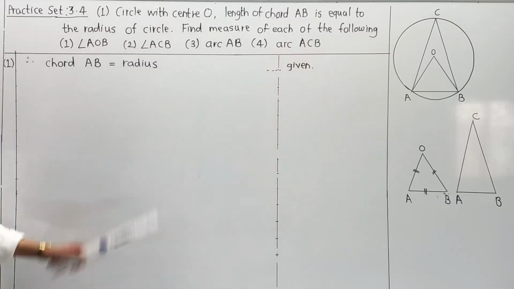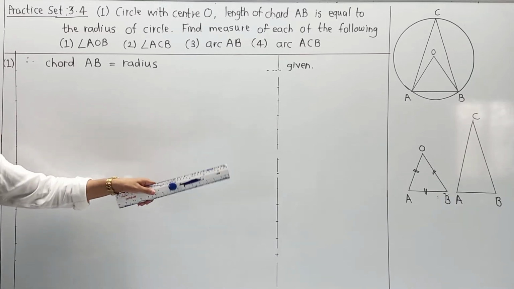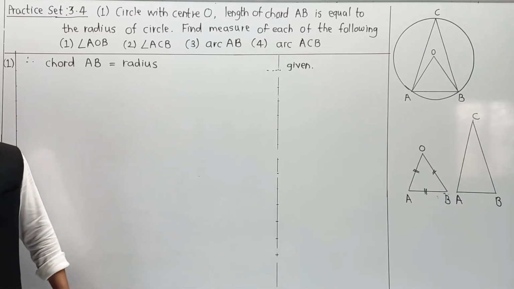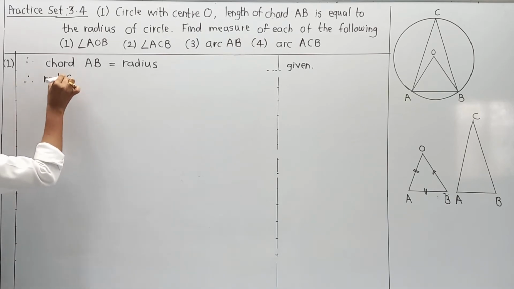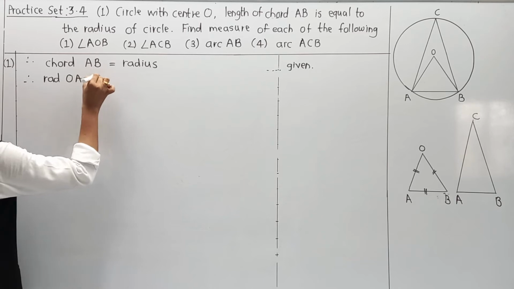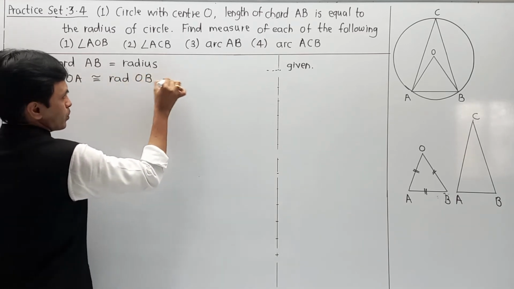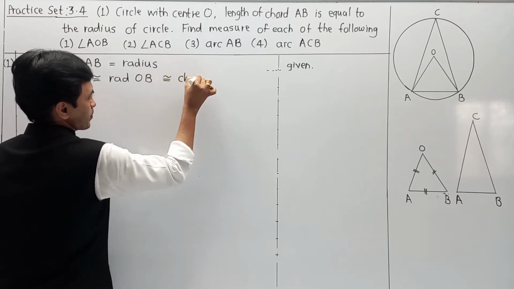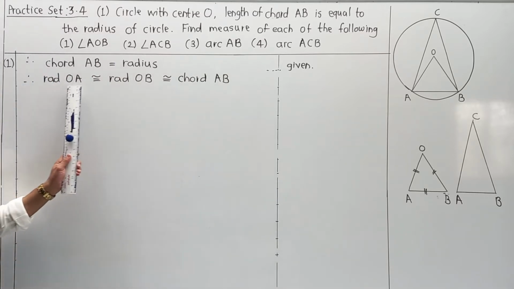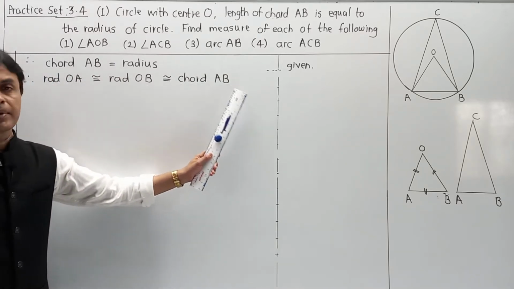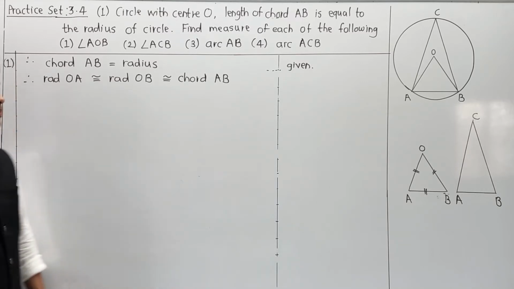Now, if chord AB is equal to radius, then all three parts, radius OA, radius OB and chord AB are equal. Therefore, radius OA is congruent to radius OB is congruent to chord AB. Naturally, if OA equals OB equals AB, then triangle OAB becomes an equilateral triangle.